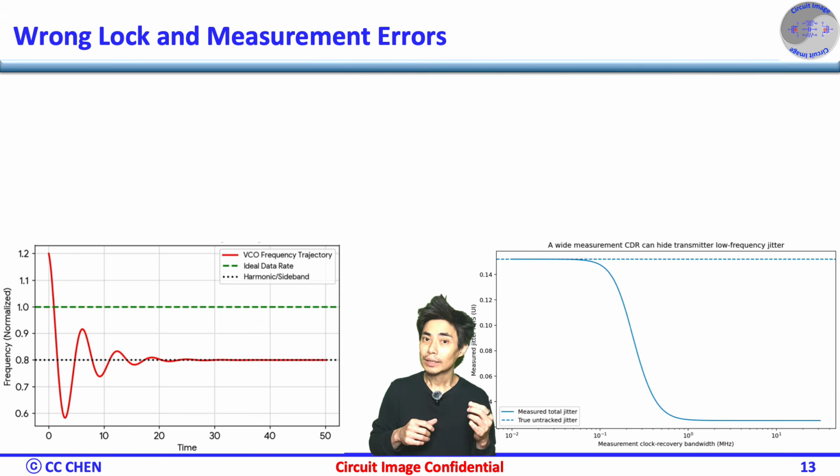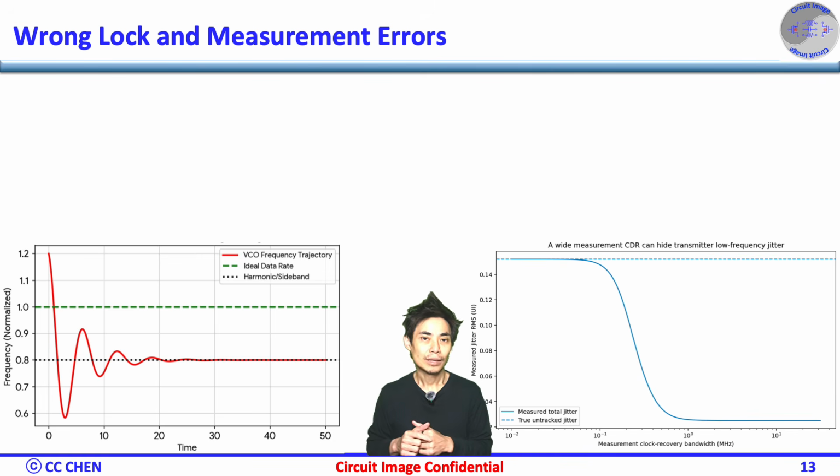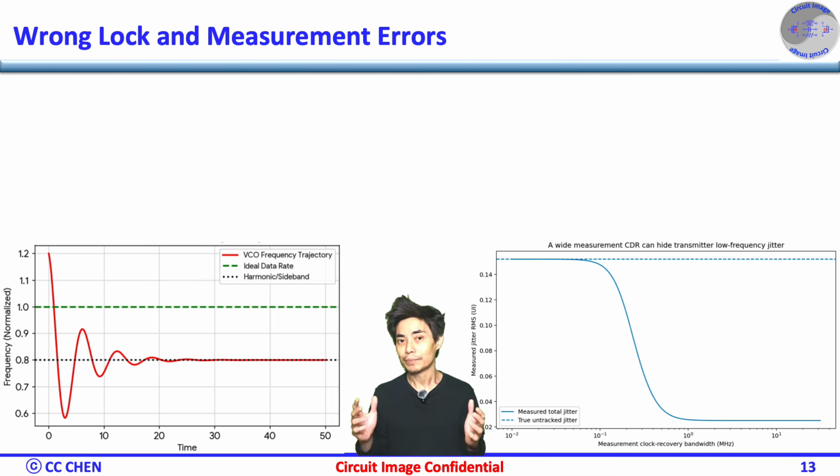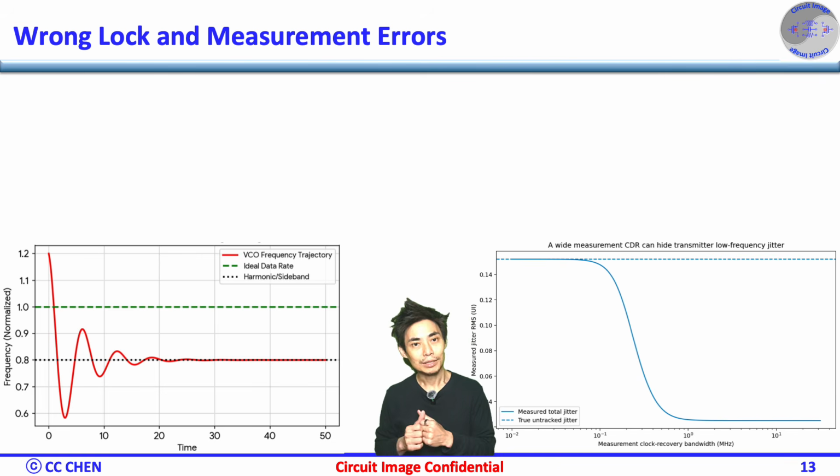A narrow loop combined with a proper frequency acquisition loop can avoid this. So measurement can be misleading. If a test instrument uses a very wide clock recovery bandwidth, it may track out low frequency transmitter jitter. Then the measured eye looks better than it really is.